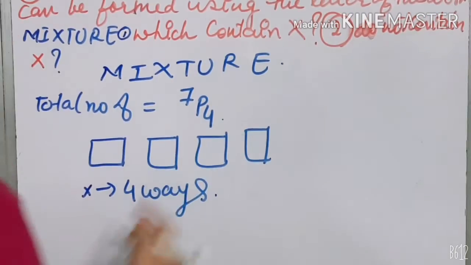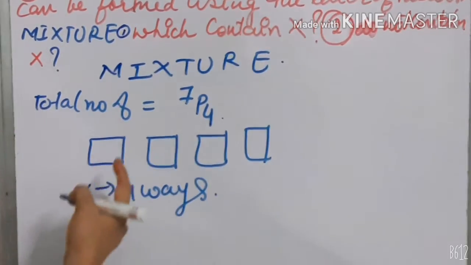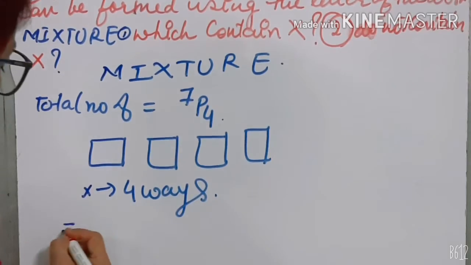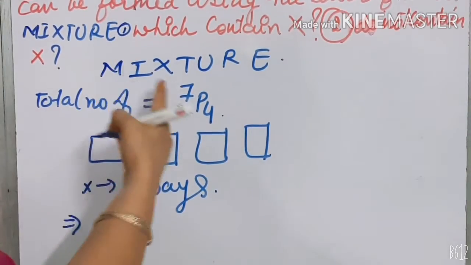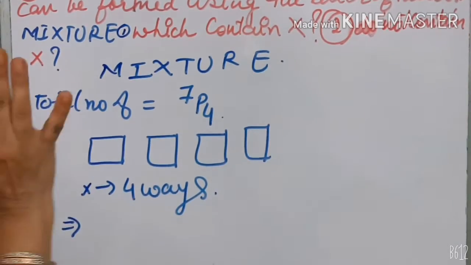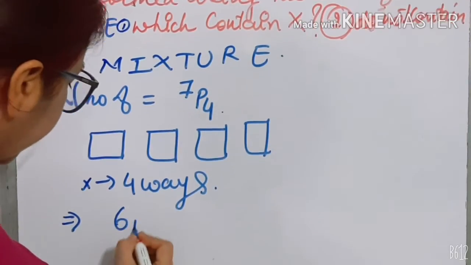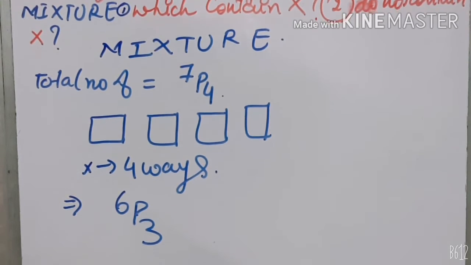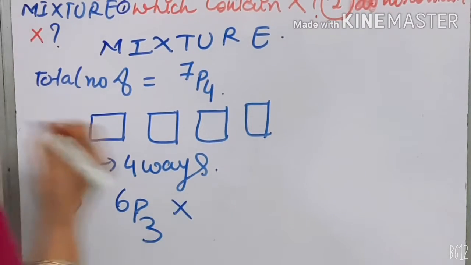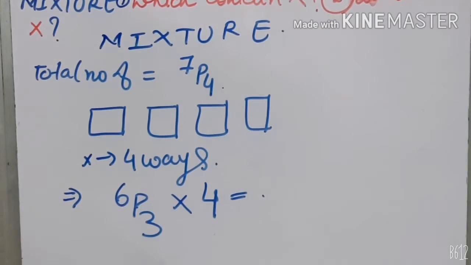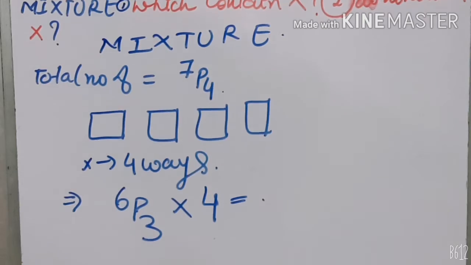Understood? Now, if I arrange X in any of the 4 blocks, how many letters are remaining to keep in the 3 blocks? That is 6, because we only put X. So it becomes 6P3, because 3 blocks or 3 letters are remaining to arrange from the 6 letters. X is arranged in 4 ways.